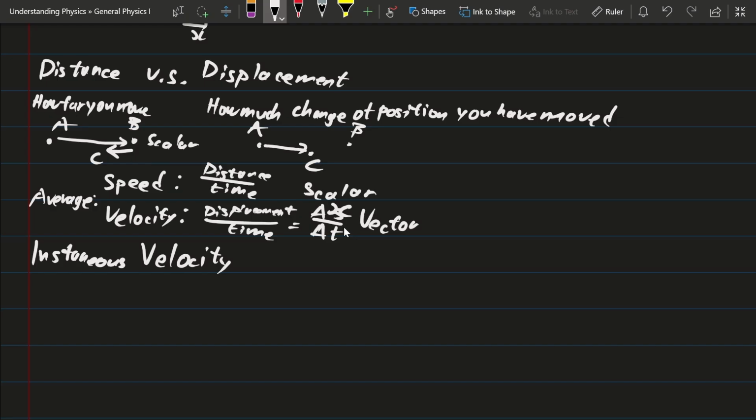So, let's say you actually measure the average velocity but with a smaller amount of time. Let's say, for example, you are moving with a different rate, at the initial you moved with a very large velocity compared to your final state, and then we try to keep track of it.